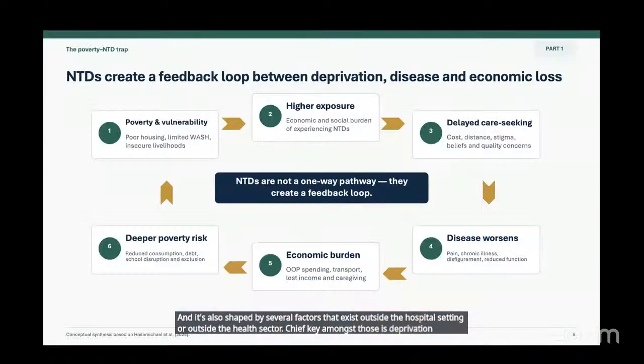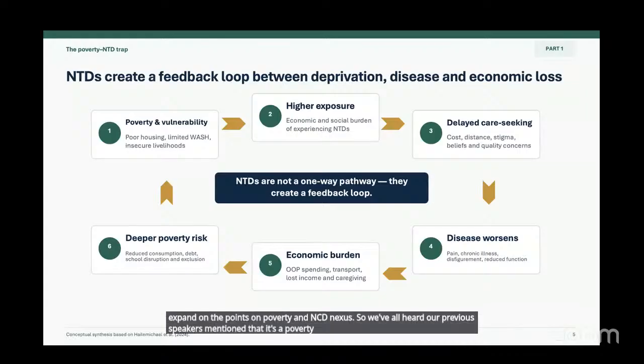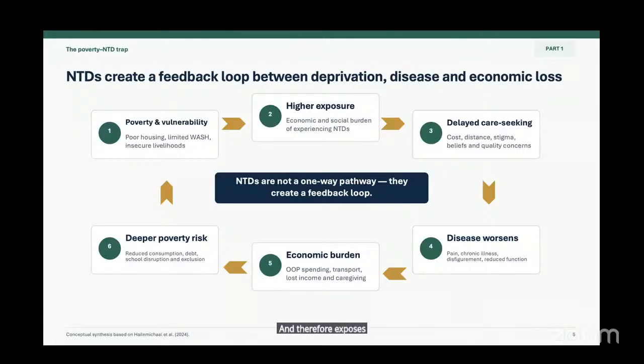And I would use this simple framework to expand on the points on the poverty and NTD nexus. We've all heard our previous speakers mention that it's a poverty disease, which means that households that are poor or vulnerable have great limitations when it comes to WASH, and therefore are exposed to experiencing these NTDs.